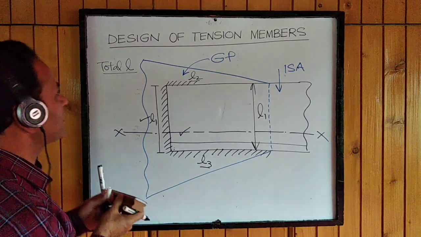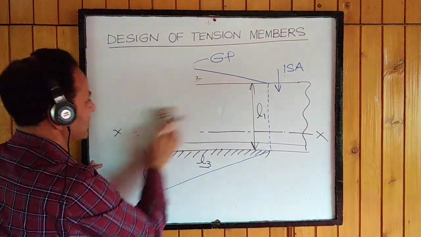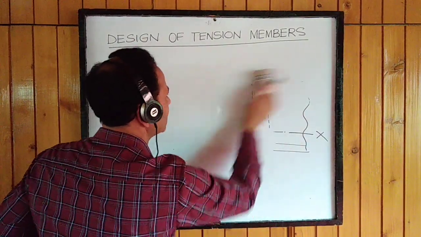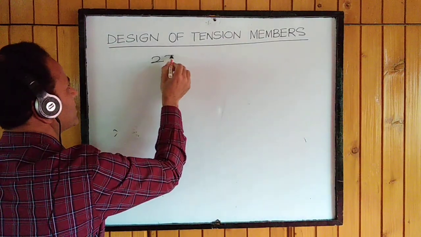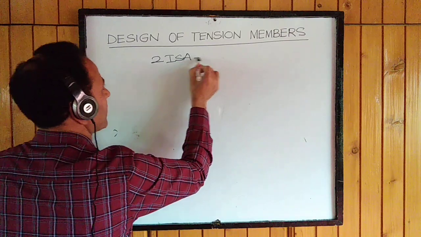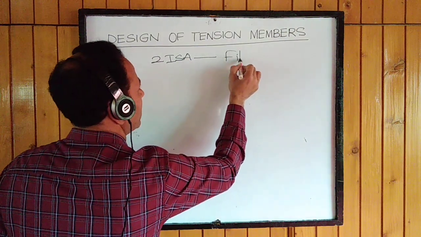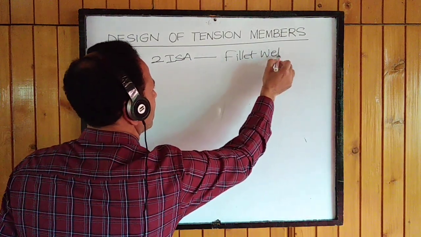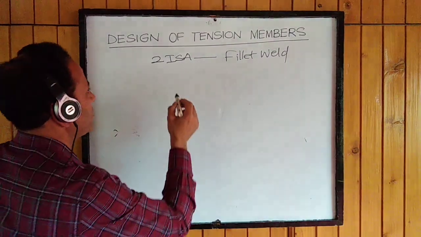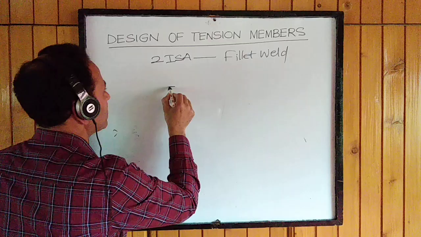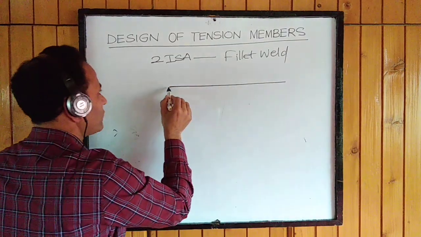This is when a single angle was there. Say for example, I take two angles, two ISA, and the connection was a fillet weld, then how is this going to look? Say this is one of the angle sections.